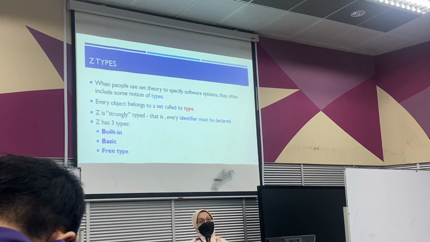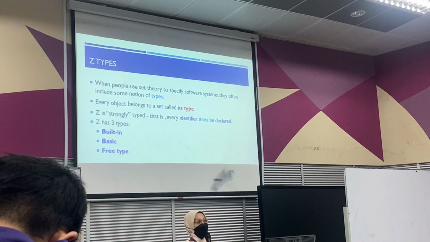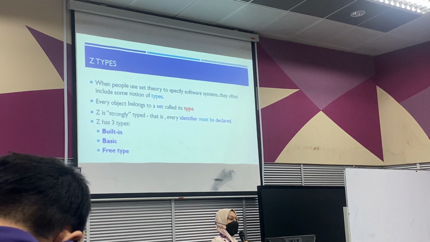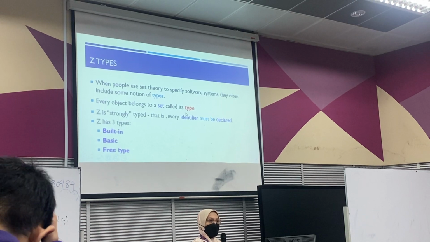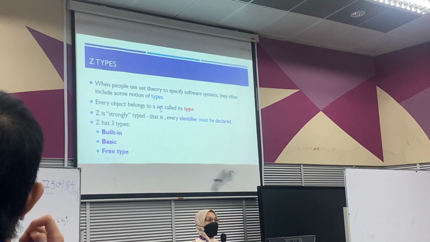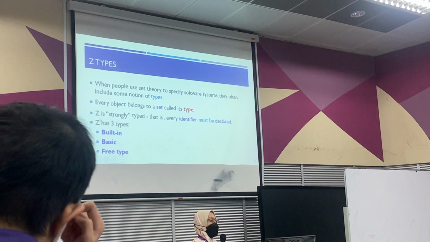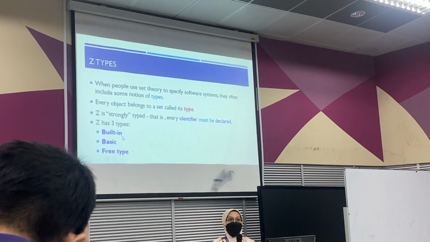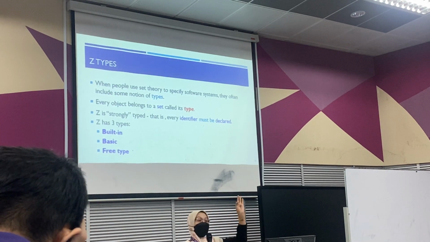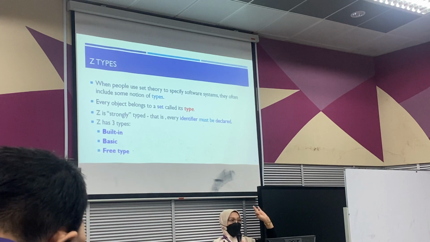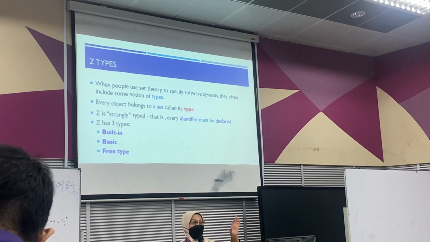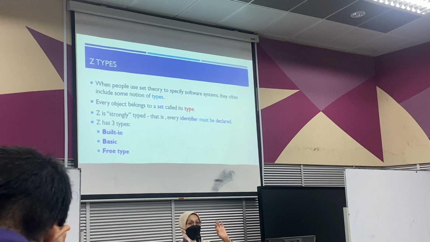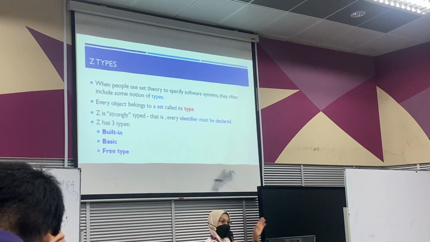Same case for Z schema, we are going to use types also. We have 3 different types actually used in our Z schema: built-in, free type, and also basic type. The most popular will be basic type.